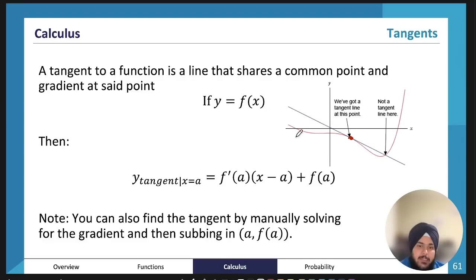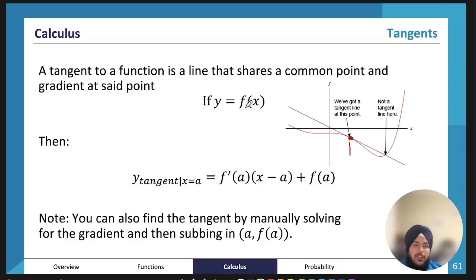So for example, on this polynomial, if we're trying to determine the tangent at this point over here, it will share, first of all, this coordinate, so the coordinates will be the same, and also the gradient at this point will be the same. So we can derive this polynomial and determine what the derivative is equal to at this point.